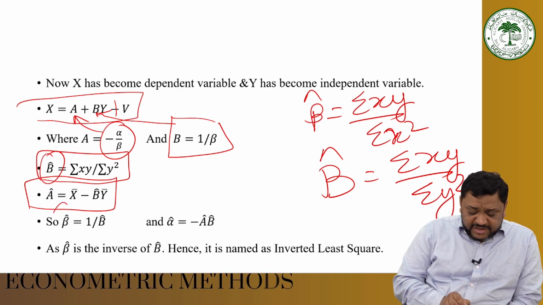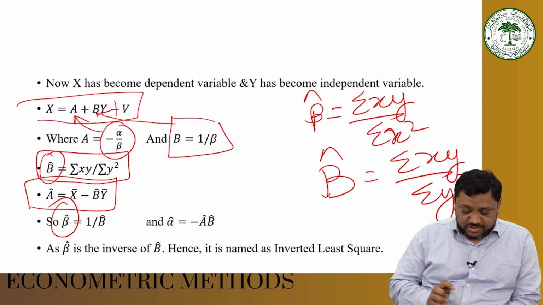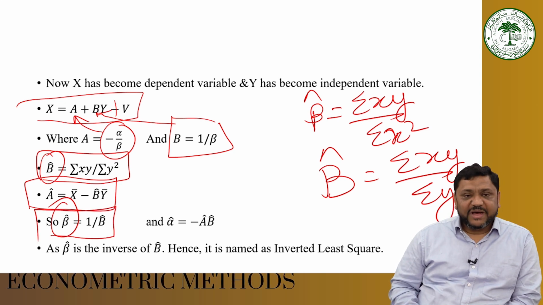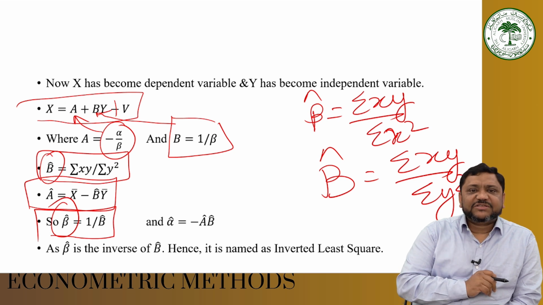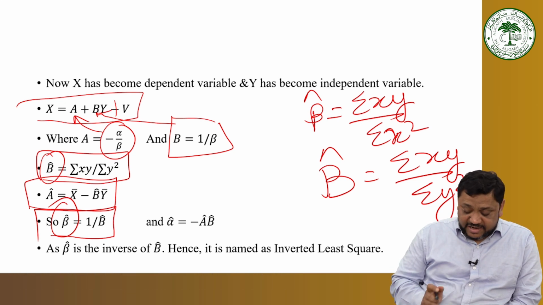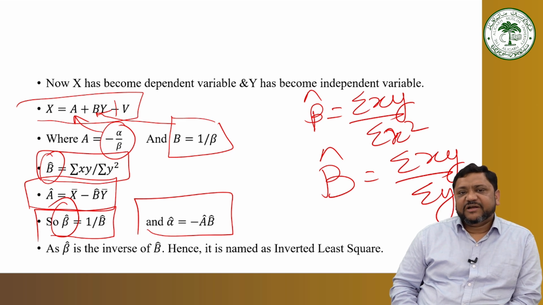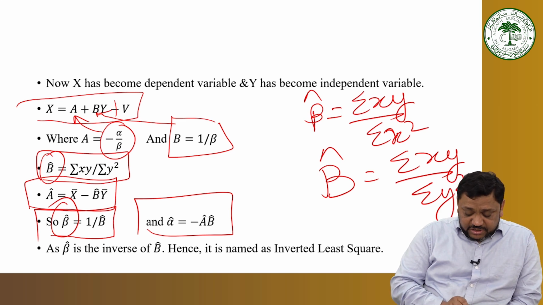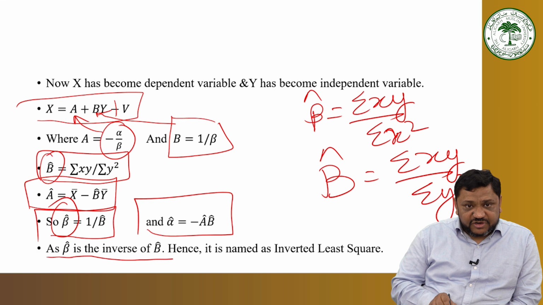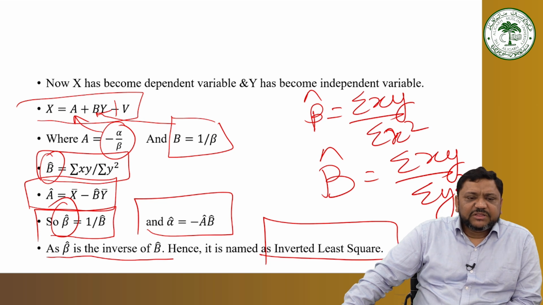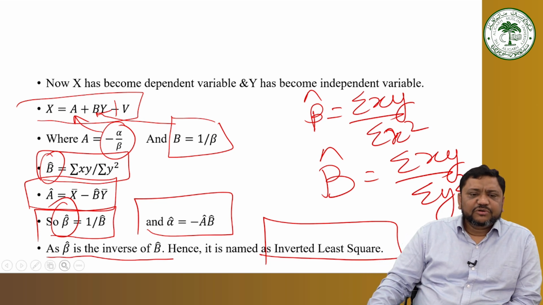Now, we can say my beta hat is equal to 1 by b hat, and your alpha hat is equal to minus a hat by b hat. So, as beta hat is the inverse of b hat, we name it the inverted least squares method. This is one of the methods to overcome the problem of measurement error.